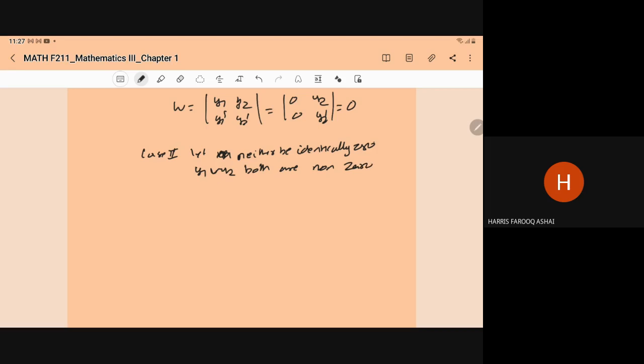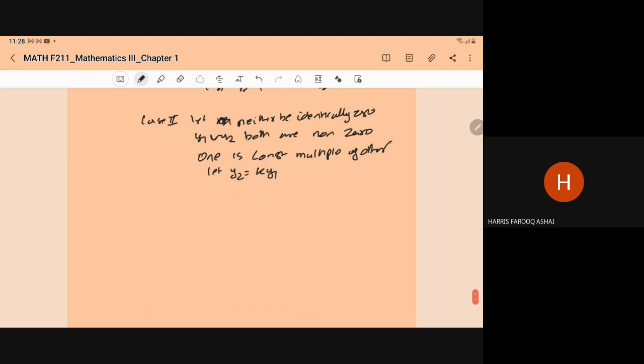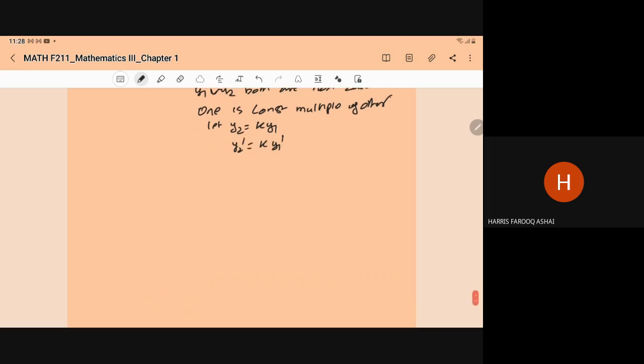If they are LD, what is the definition of LD? One is a constant multiple of the other. That is the definition of LD. Let y2 be k y1. So what will y2 dash be? It is k y1 dash.